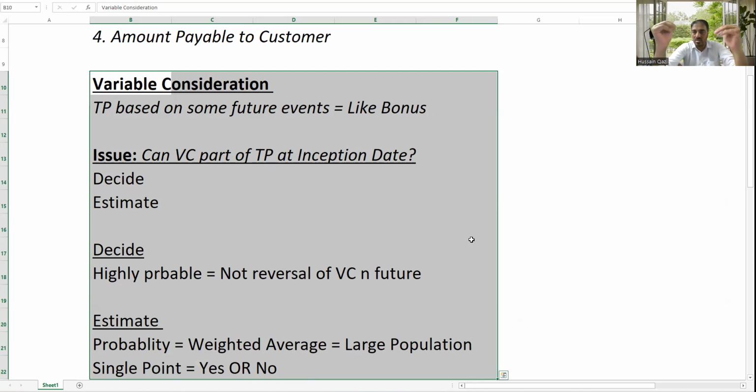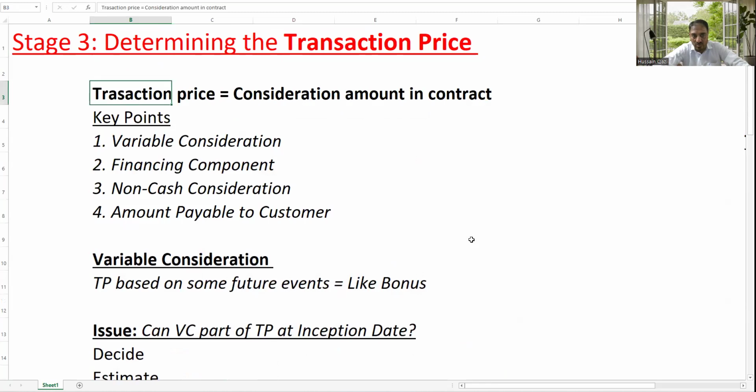This is based on the rule about decide: if the variability is not expected to return, we incorporate it now, and then put an estimation, either probability-weighted average or a single outcome, that's yes or no. We have discussed multiple examples or situations here: volume discount, return based, concession, bonus. That's all. So thank you for this part of the video.